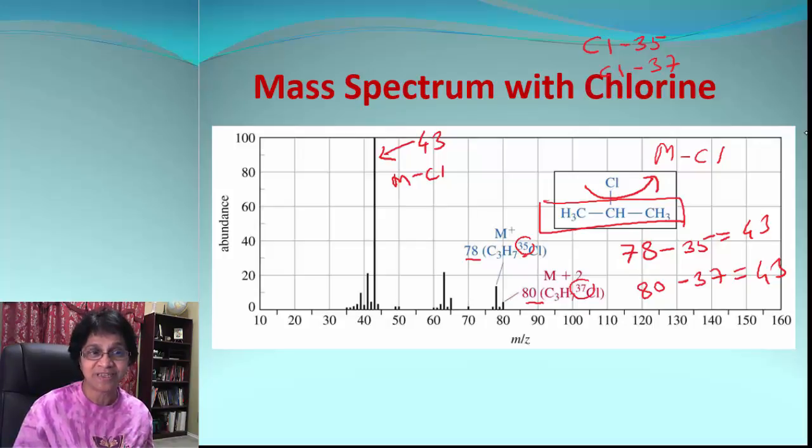If the molar ion was 78, that minus 35 will give us 43. So either way, whichever isotope of chlorine you got, M minus Cl is going to be still a 43 peak. So that's a solid base peak, which is almost 100%. This actually confirms that we have chlorine in this molecule.